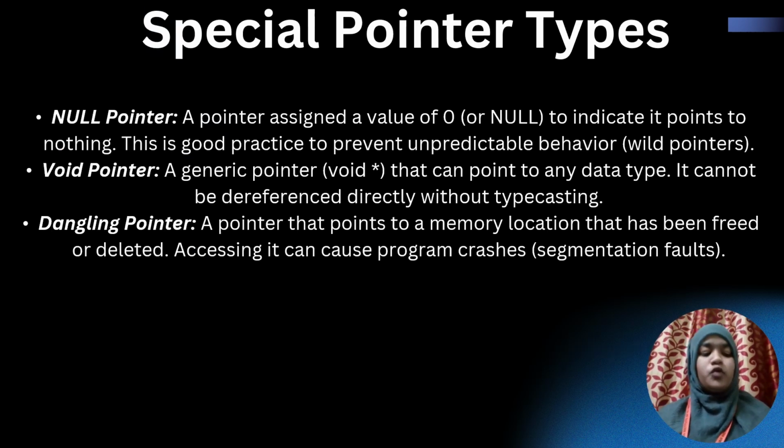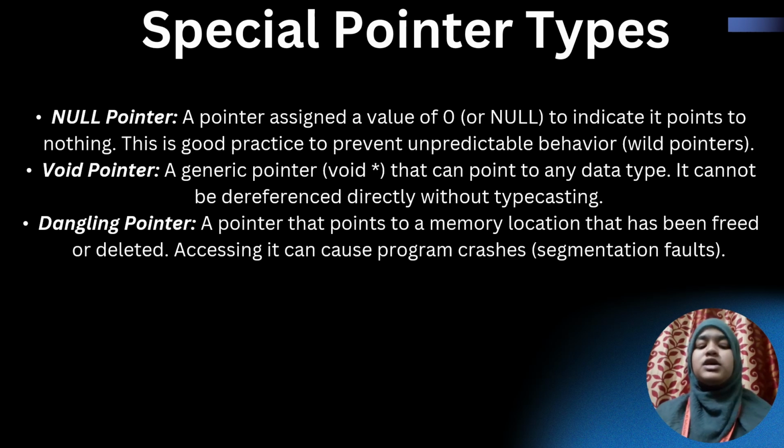Now next we'll go for special pointers. Here we will see, first, the null pointer. It is a pointer assigned the value 0 or NULL to indicate it points to nothing. This is a good practice to prevent unpredictable behavior.